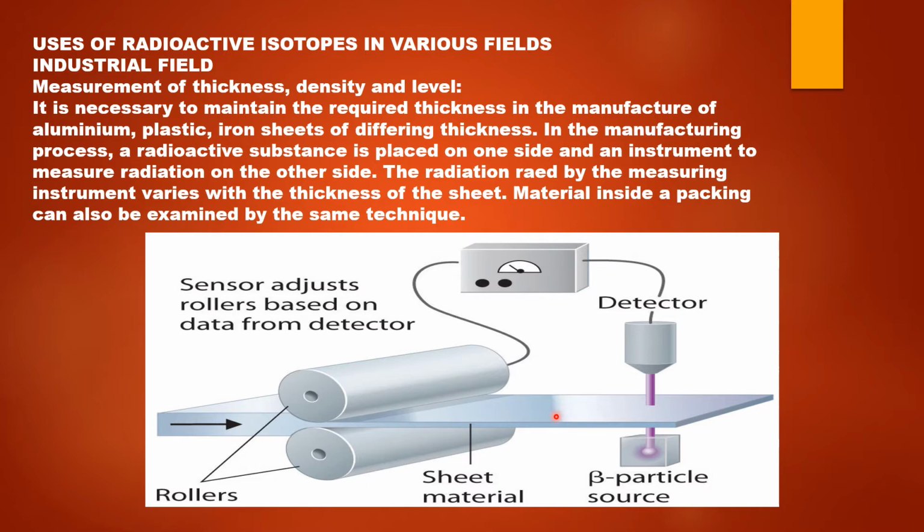Vice versa, if the foil is too thin, then it absorbs less beta particles. The detector now receives more beta particles, which then sends a signal to the rollers to decrease the force on the foil, making the foil thicker.